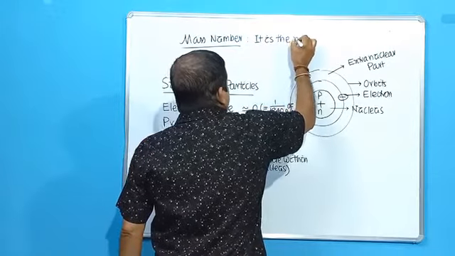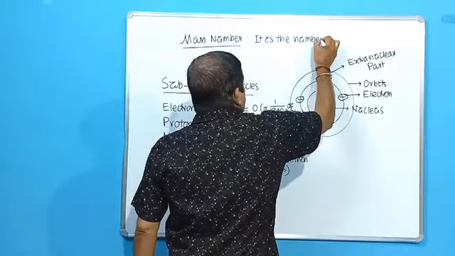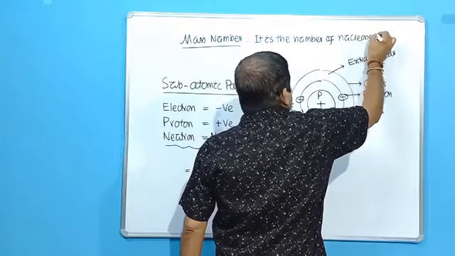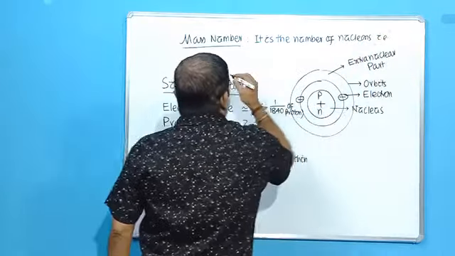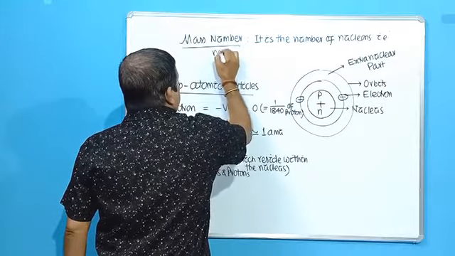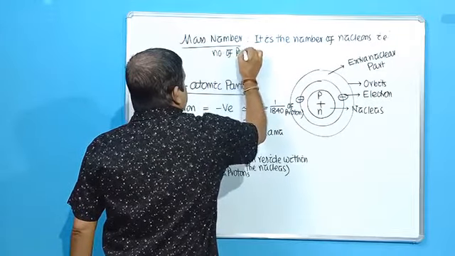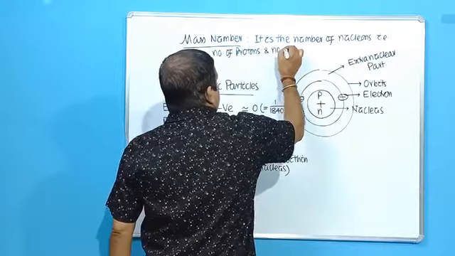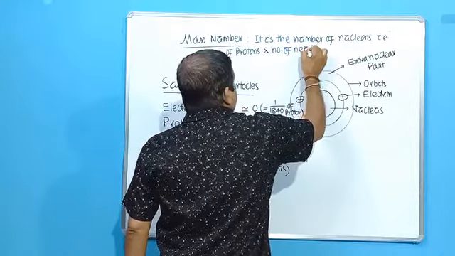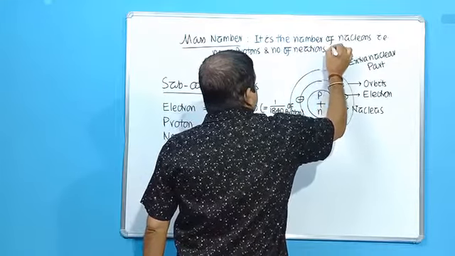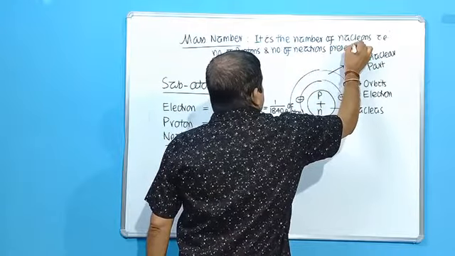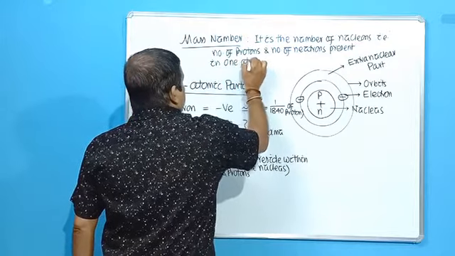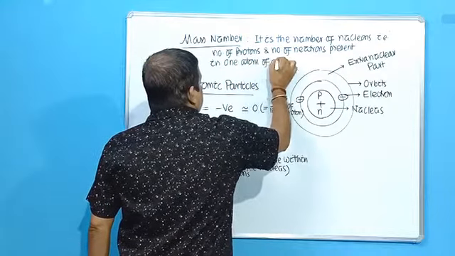Nucleons means the number of protons and the number of neutrons present in one atom of an element.